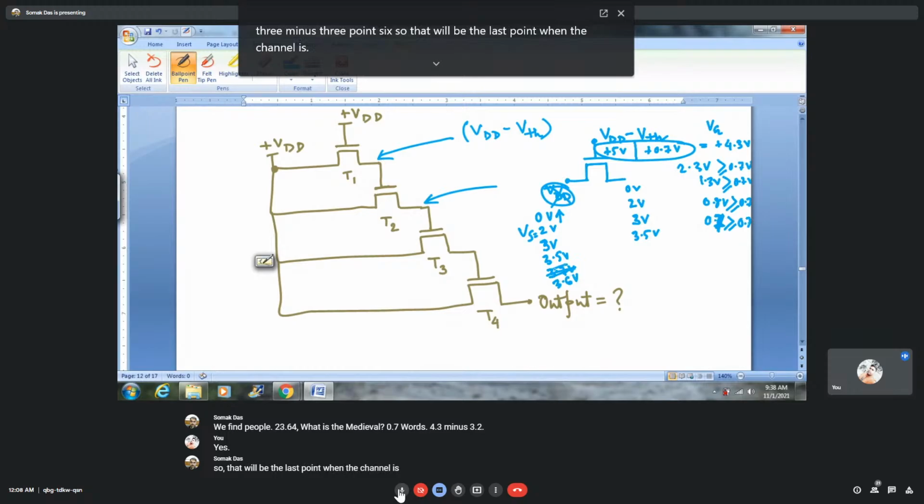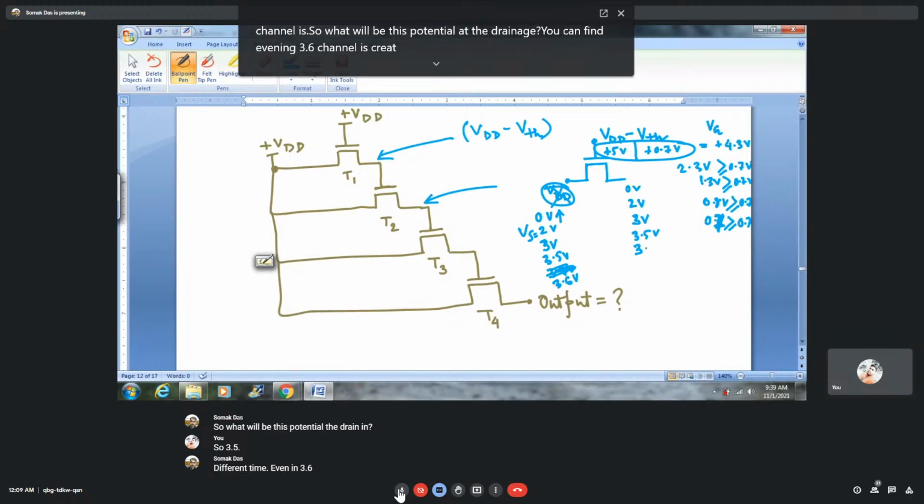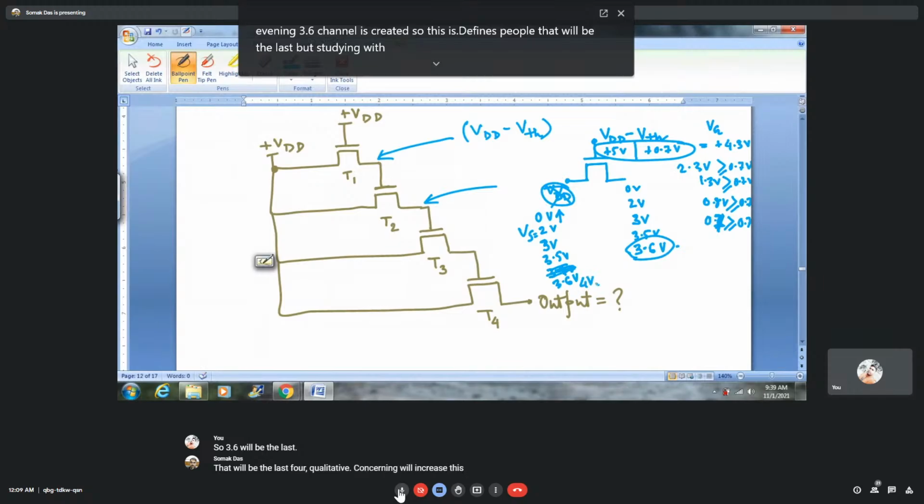Clear? So what will be this potential at the drain end? Even at 3.6 the channel is created. So what is this potential? 3.6 volt. That will be the last voltage received at the drain. Further you increase this to 4 volt or 5 volt, it doesn't matter.